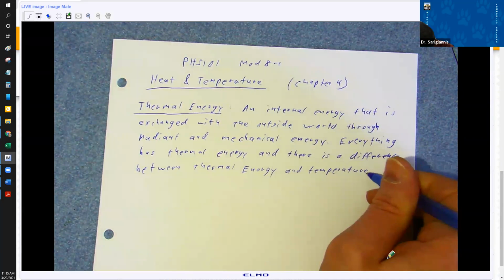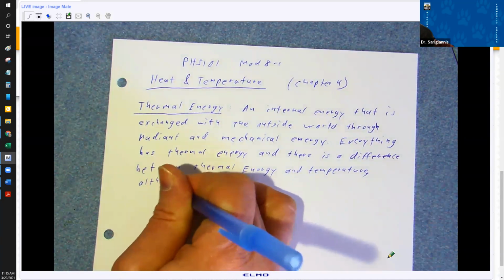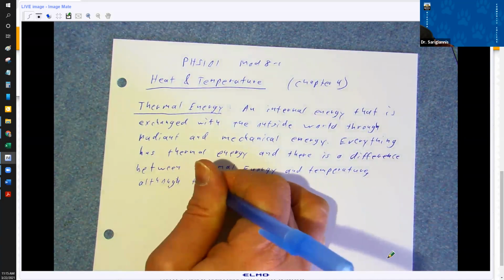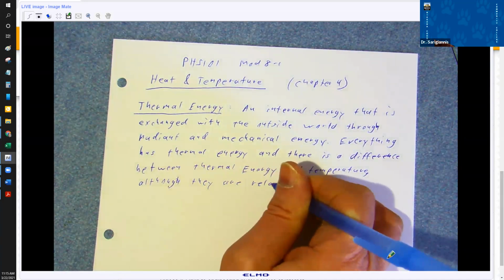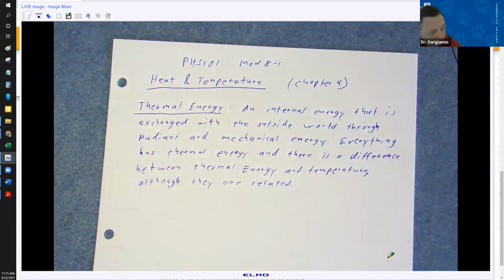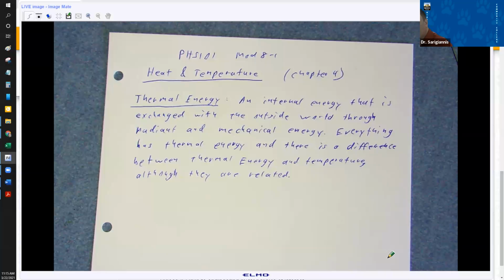Now that's a comma, although they are related. So thermal energy, internal energy, everything has thermal energy.